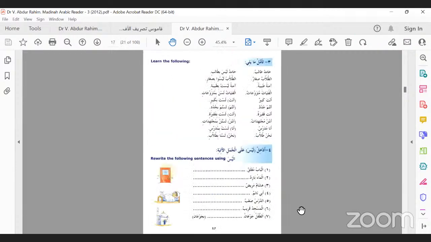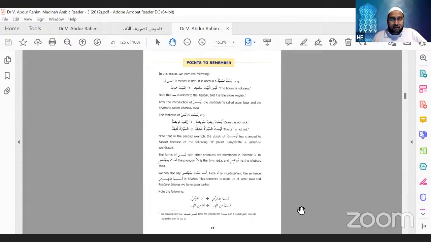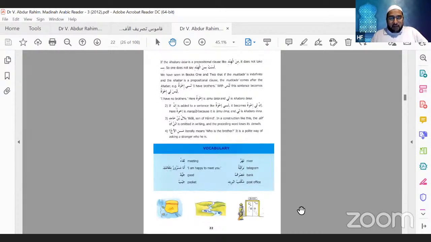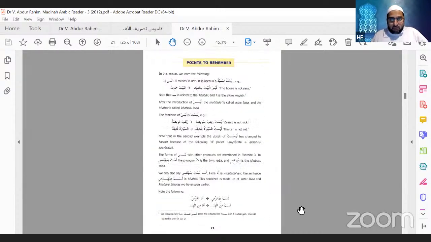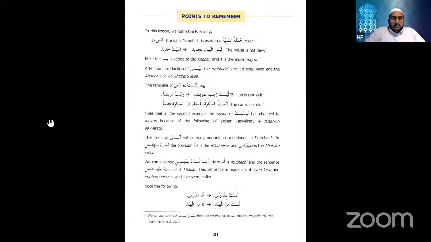Right, so this lesson itself now is Laysa. Let me just go outside the book and teach this lesson. Laysa is a particle which comes in a nominal sentence.